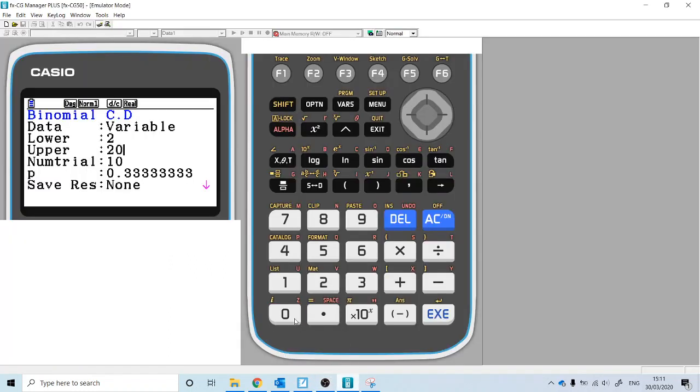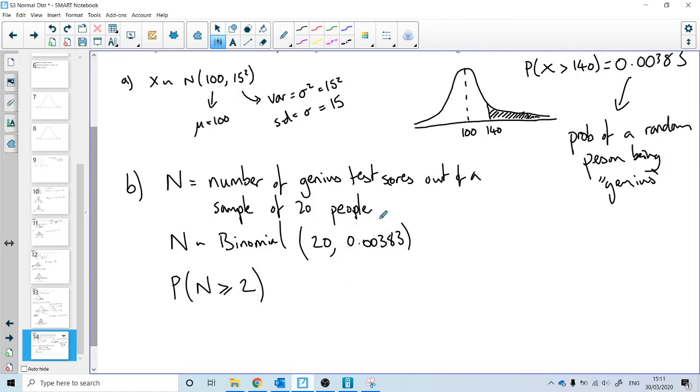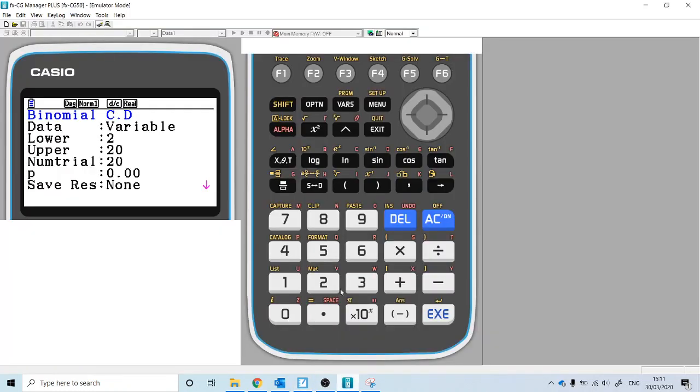So we can put our upper as 20. We're doing 20 trials, and the probability of someone being genius is this, 0.00383. And we can work out that probability, it's 0.00266.